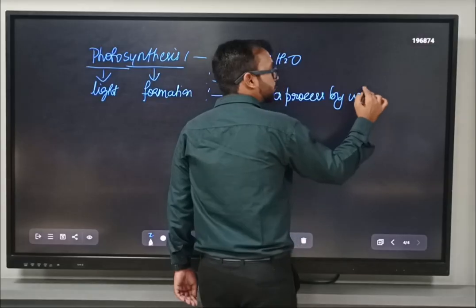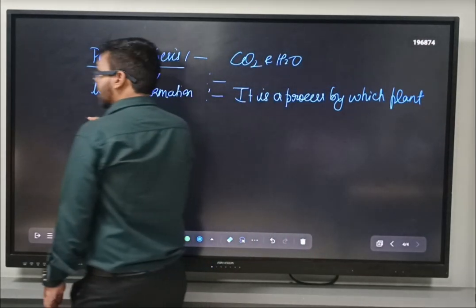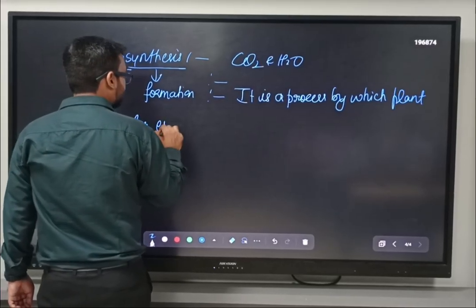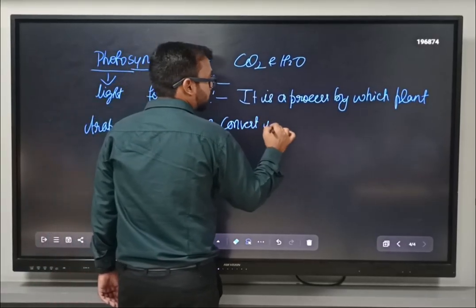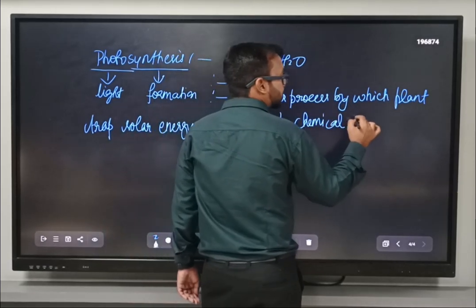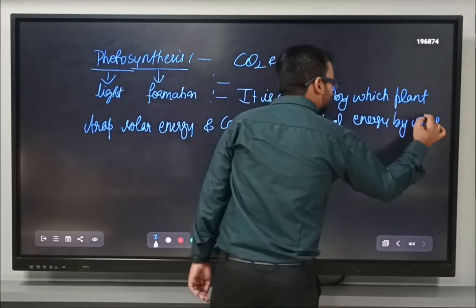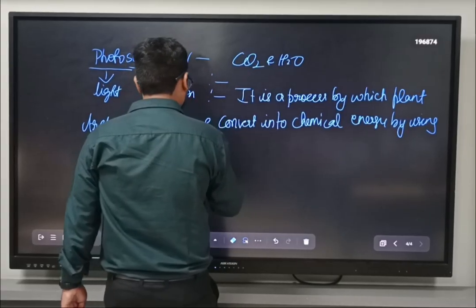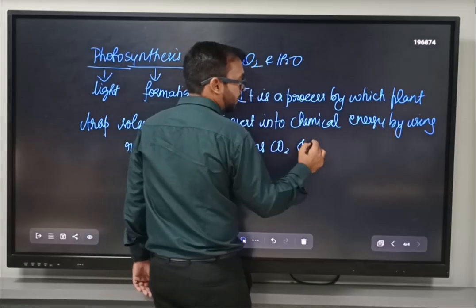by which plants trap solar energy and convert it into chemical energy by using raw materials such as CO2 and H2O.